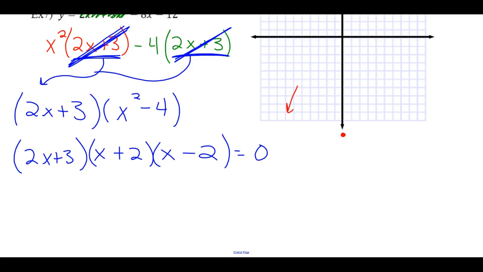So keeping that in mind, how many factors do I have here? 3. There's 3 factors. Something times something times something. If I'm trying to solve it to figure out when it equals 0, well, technically any of them could equal 0. This one could equal 0, this one could equal 0, or this one could equal 0. So what you have to do is set each one equal to 0 and find that solution that causes the whole polynomial to be 0, which we know are the x-intercepts.